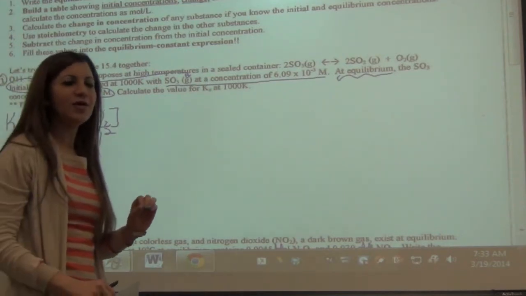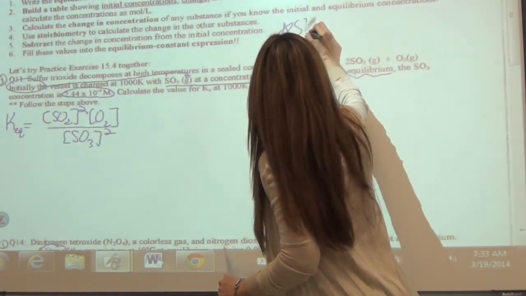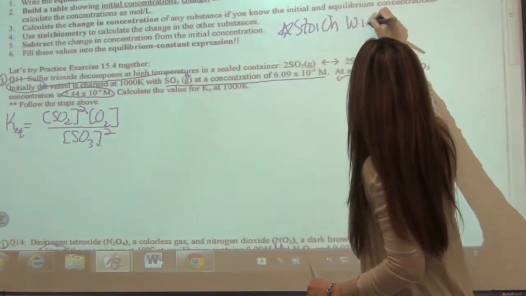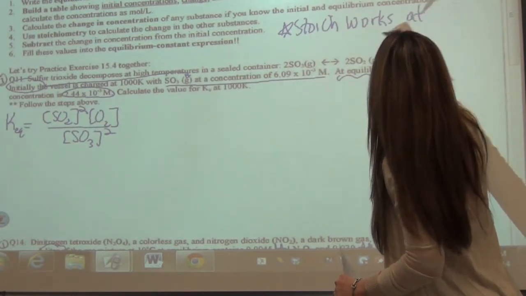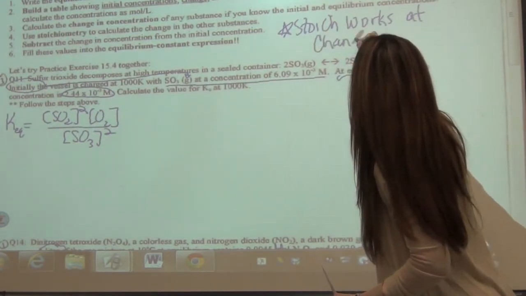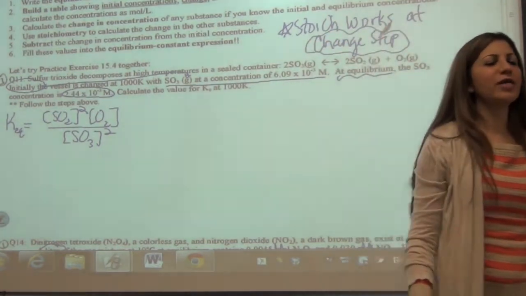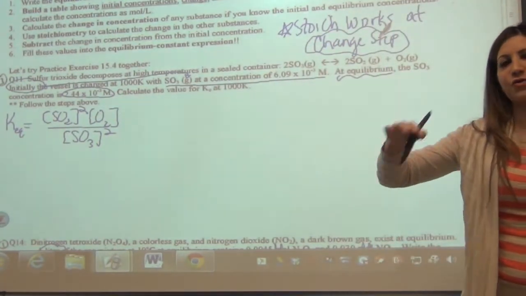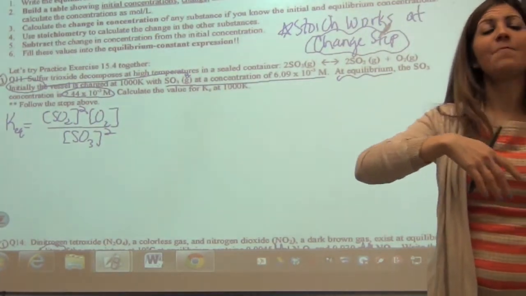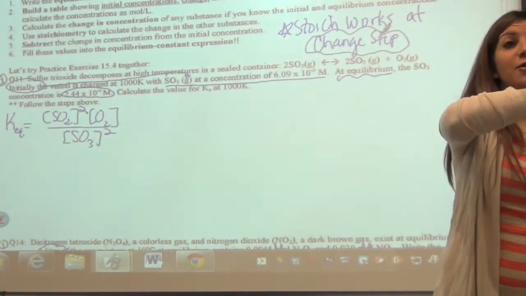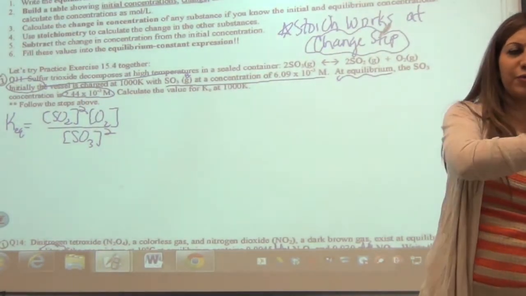And I'm going to tell you that the only time the stoichiometry works is at the change step. The stoichiometry is going to be equal during your change step for your reactants versus your products, because if you're creating products, it took reactants in order to create those.